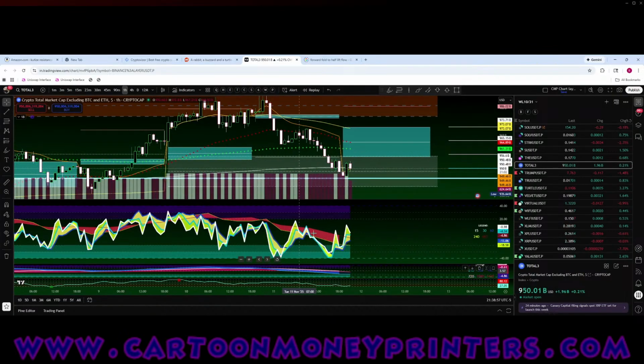The one saving grace is that the mid time frame ribbon has come down fast from overbought to oversold, but it's still kind of pushing down.